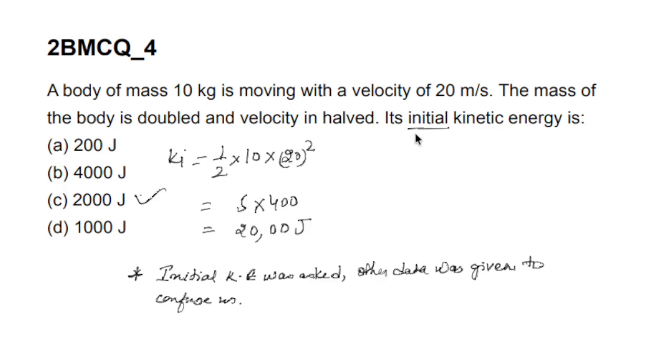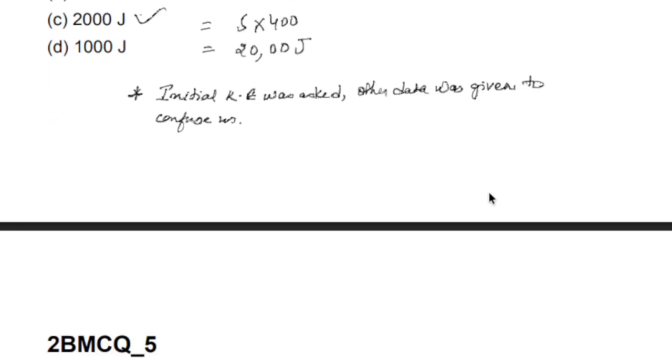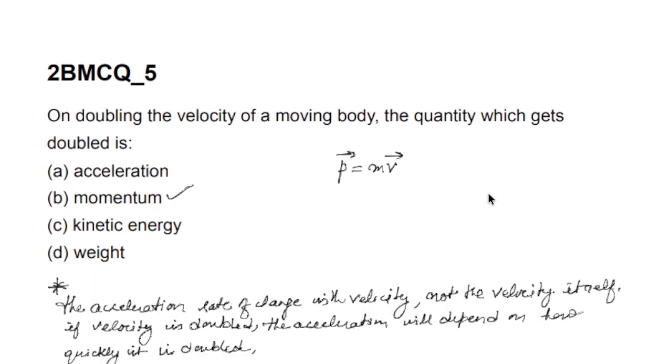The initial kinetic energy will come from the first statement. Put 10 kg here, half mv square, and 20 squared, you will get 2000 joules, which will be the answer C. So the catch was they were asking just initial kinetic energy. This other data was just given to confuse us or to test whether we are reading the question properly. Okay, let's go ahead.